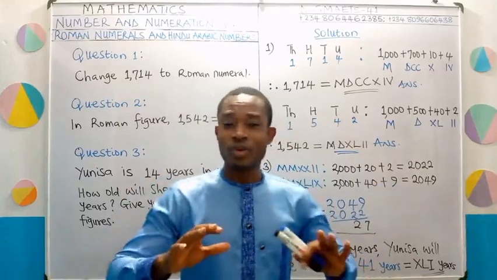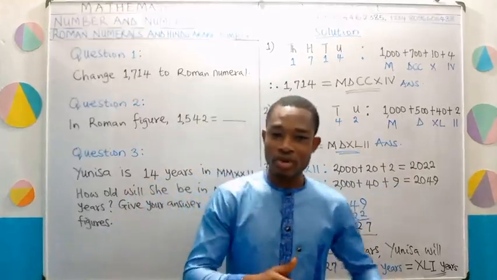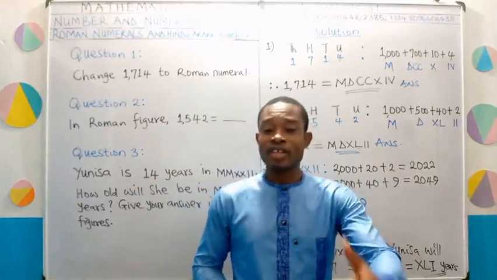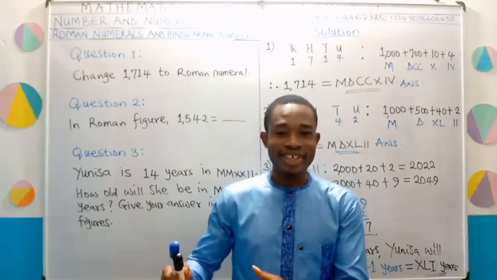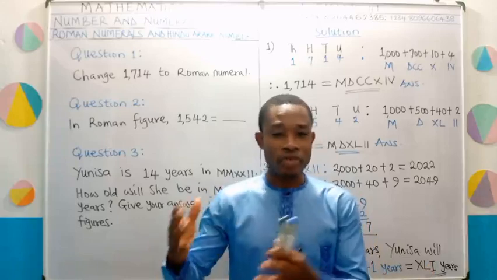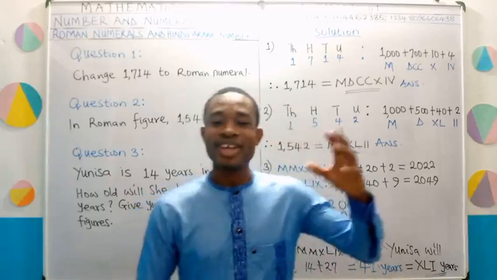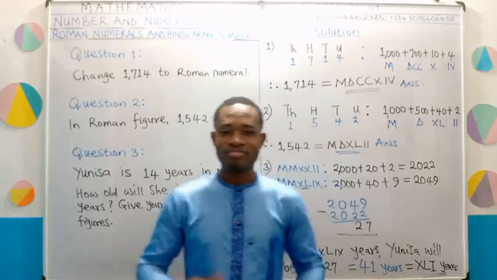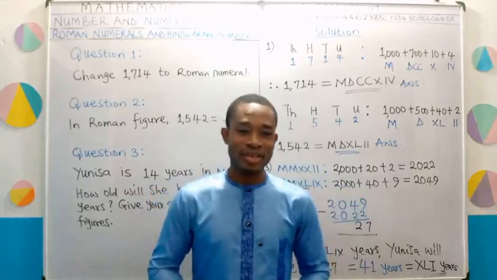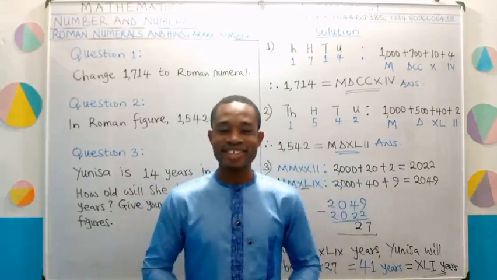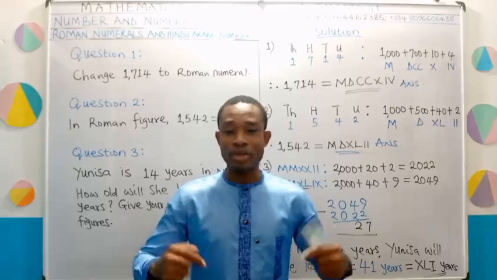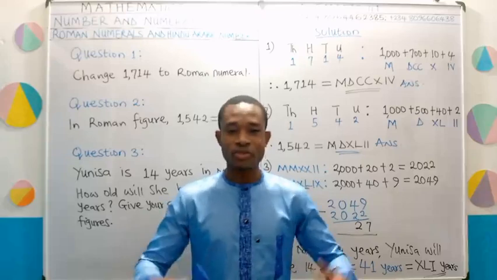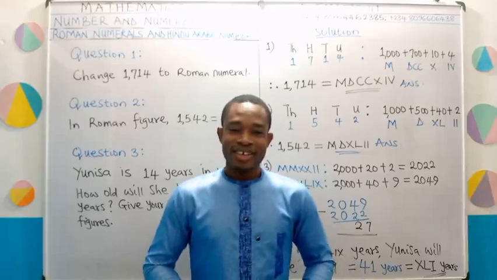So this is how we solve problems on Roman numerals, alright? You have learned how to change from Roman numerals to Hindu-Arabic form. You've also seen how to change from Hindu-Arabic numbers to Roman numerals. Watch this video lesson again and again, alright? And of course, remember to copy the notes below this video lesson. Go through the notes.